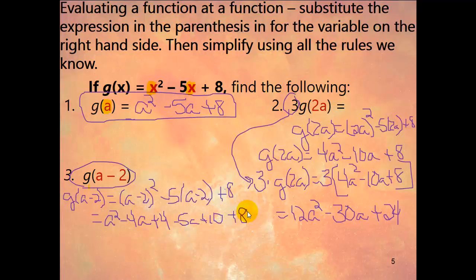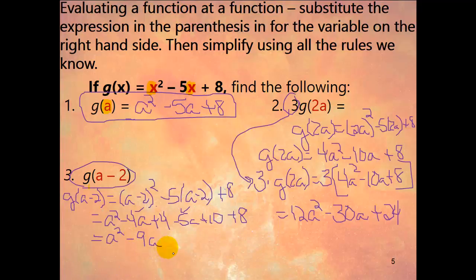Okay? So now I'm going to combine like terms. I only have one a squared, so I still have a squared. Then I have negative 4a minus 5a, so that gives me negative 9a.